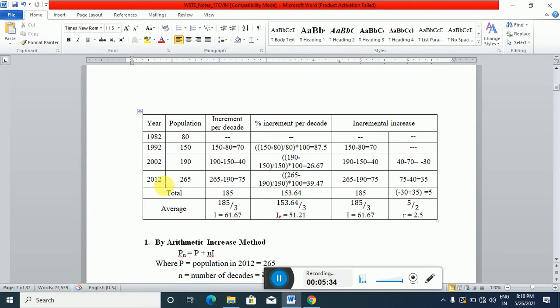This is the data which is given here. So this is the year. You can see the year is increasing by 10 years, so that is one decade. One decade means 10 years. So 1982, then 1992, then another 10 years 2002 and 2012.